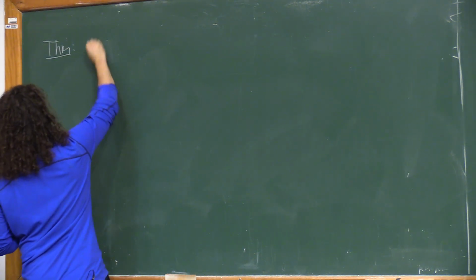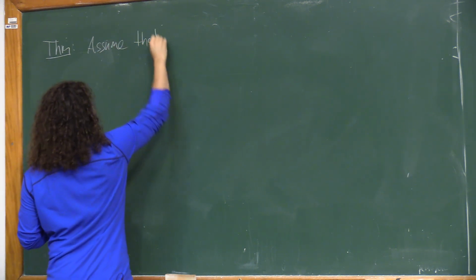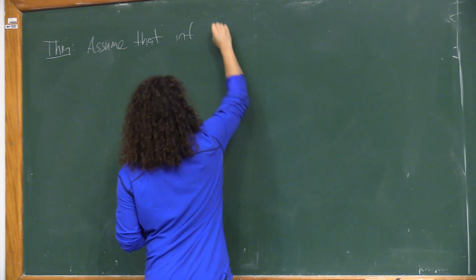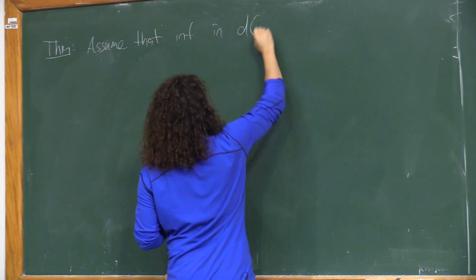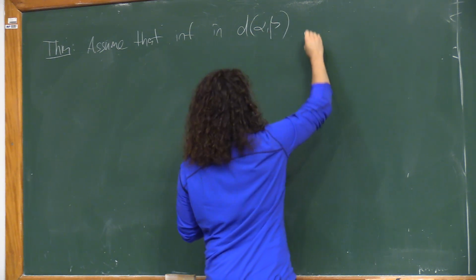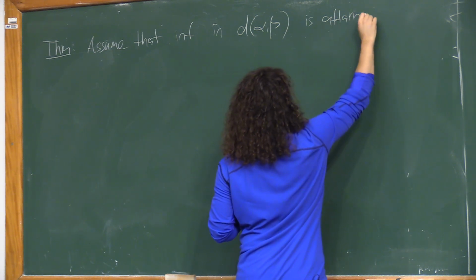Let's assume that the inf in this definition of d(alpha, beta), for some choice of alpha and beta, is attained.